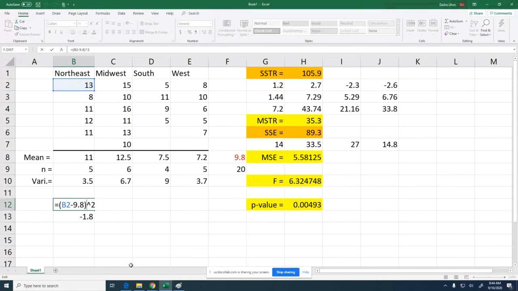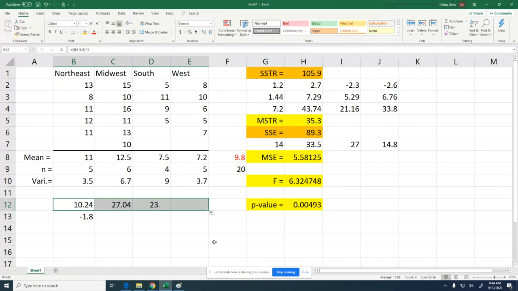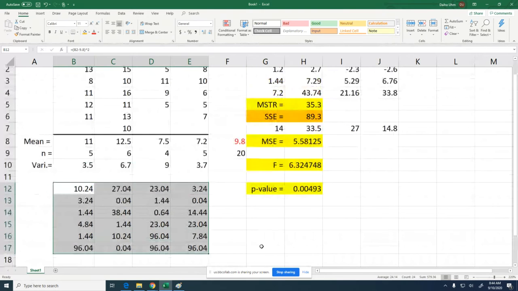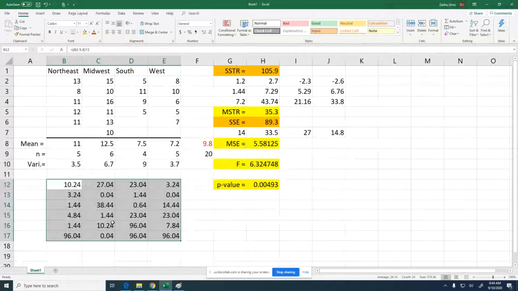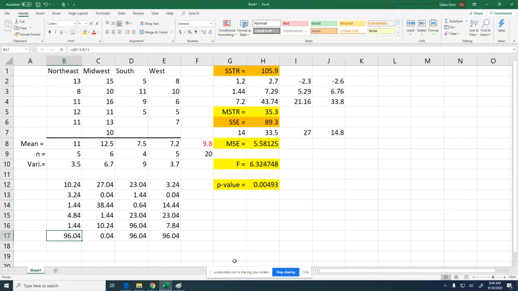See that, right? Take the difference, x11 minus 9.8, then square, right? So let me copy to right for the first observations in each sample, and let me copy down. The most sample size is 6. So yes, it's 6 here, but let me delete this one because here was the blank, and let me delete them and delete one.